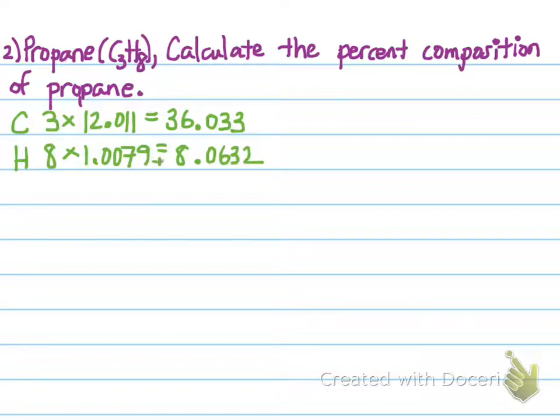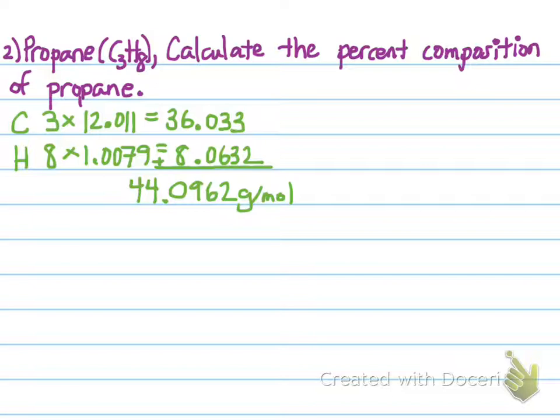Now remember, I'm calculating molar mass, so I'm going to add these two together. And my molar mass of propane is 44.062 grams per mole. Okay, so now I've calculated my molar mass because I need that information.